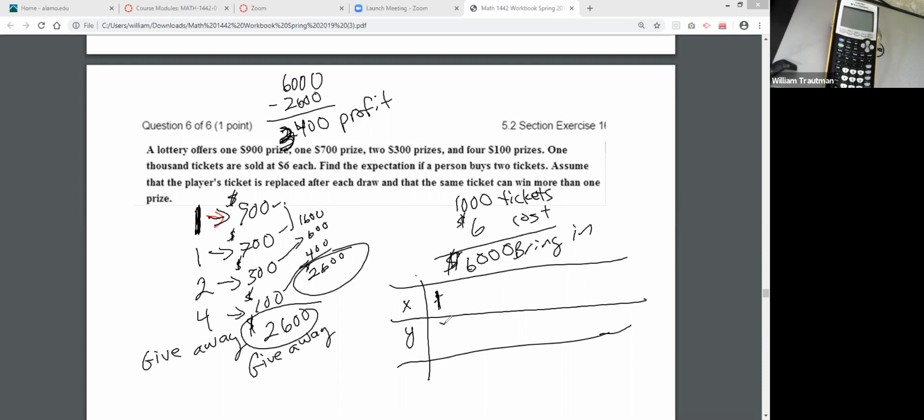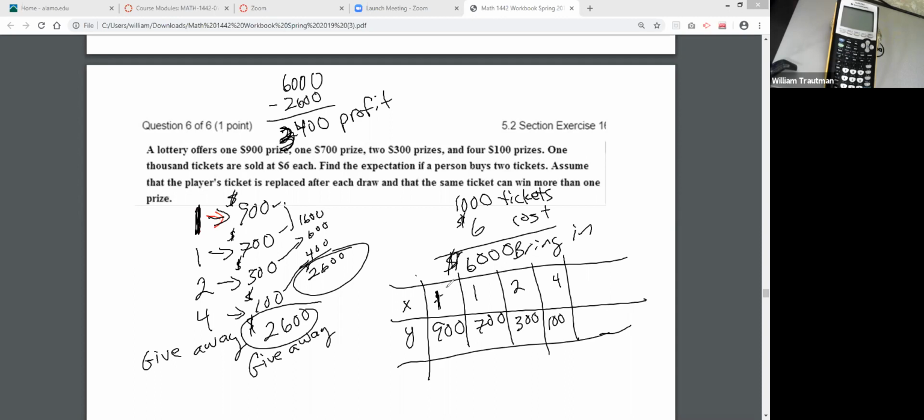We have one winner at 900, one winner at 700, two winners at 300, and four winners at 100.